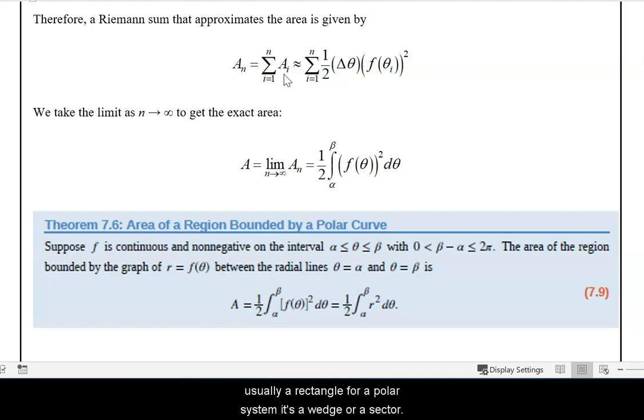For a polar system, it's a wedge or a sector. We'll add up all n sectors. This, however, is approximately equal to the area of that triangle, which is 1/2 delta theta times f of theta sub i.